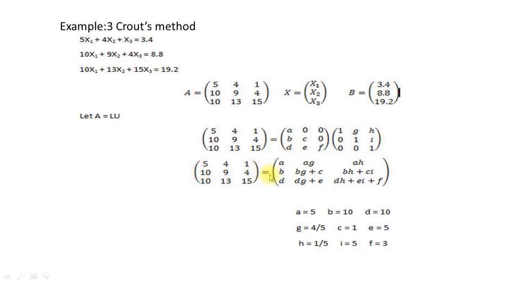So A is equal to 5, B is equal to 10, and D is equal to 10. Using these values, we can easily find the other unknowns: G is equal to 4 by 5, C is equal to 1, E is equal to 5, H is equal to 1 over 5, I is equal to 5, and F is equal to 3.